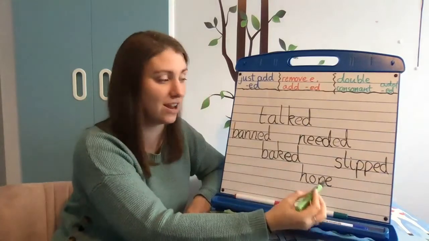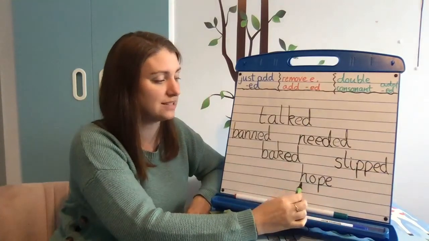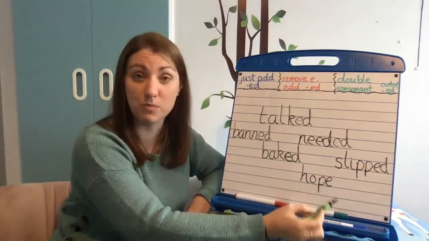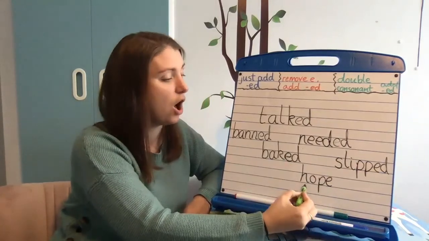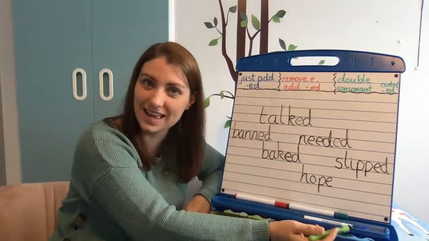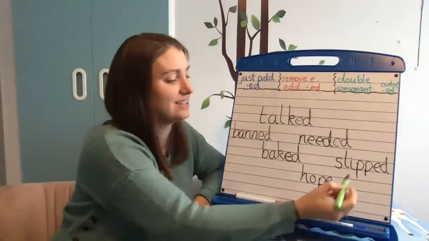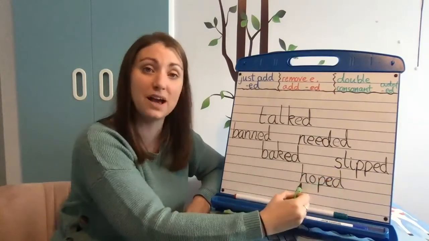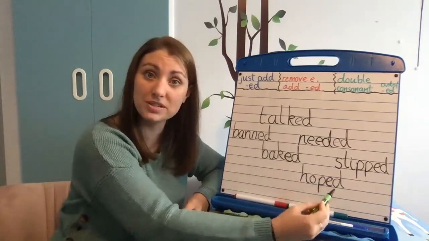Well done. Right, let's try the last one then. What does it say? Hope. So the present tense verb is hope. There's an E on the end, so I'm going to take away the E and add ed. So remove the E, add ed, and my word becomes hoped.